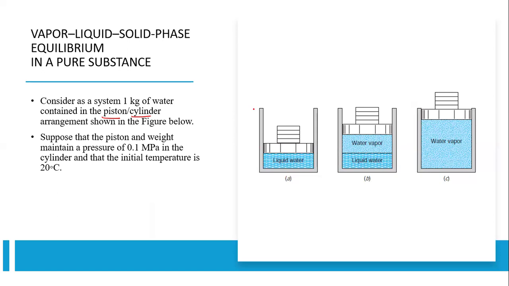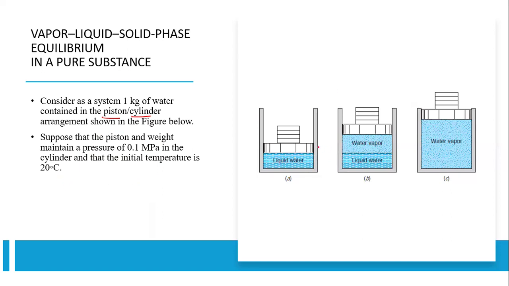So now, this is the first thing that we're going to look at, diagram A. Consider a system, 1 kg of water contained in the piston cylinder arrangement shown in the figure below. This is it, right? Suppose that the piston and weight maintain a pressure of 0.1 megapascals in the cylinder, and that the initial temperature is 20 degrees Celsius.